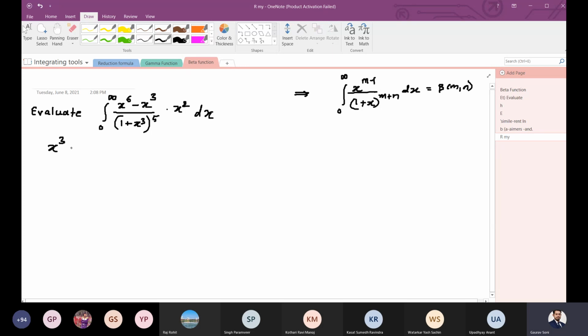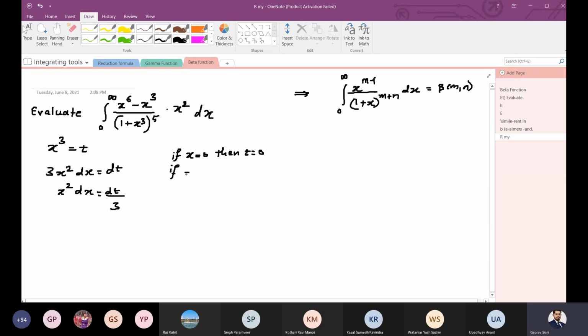x cubed equal to t. So 3x squared dx will become dt, so x squared dx is equal to dt by 3. You can see that if x equals 0, then t turns out to be 0.